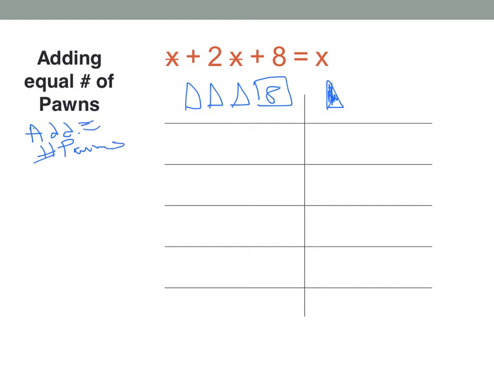Sorry, that's not working very well. So let's go ahead and add 3 blue pawns to both sides. We do that, and remember your arrows. We're going to add them over here as well.